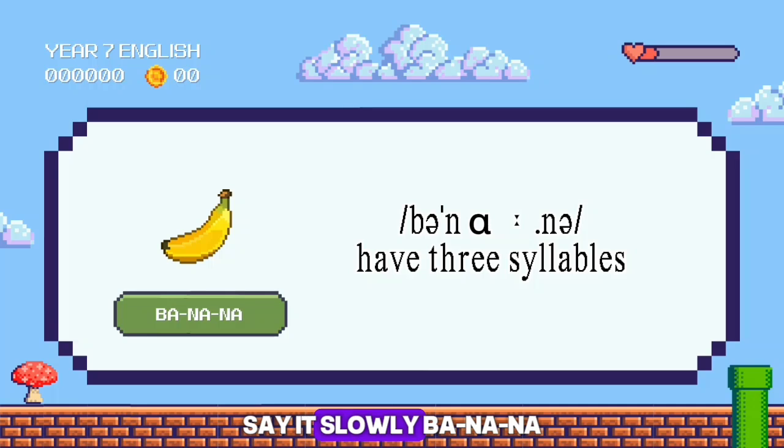Say it slowly, banana, and then clap every time we hear a vowel sound. Ba, na, na. So you clap 3 times, which means the word banana has 3 syllables. That's easy, right? How to count syllables.